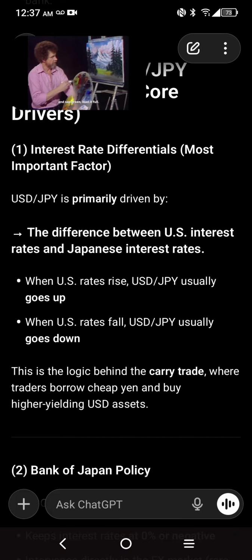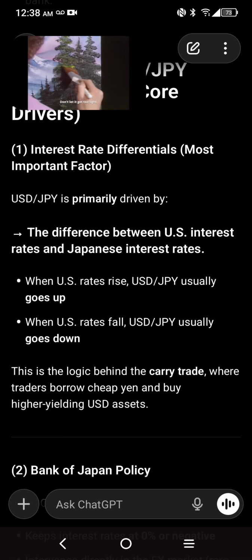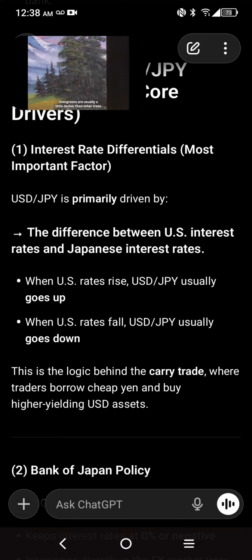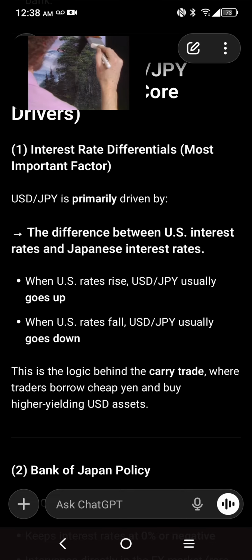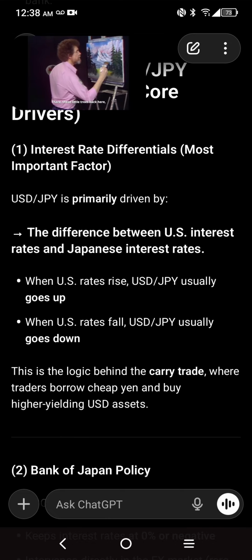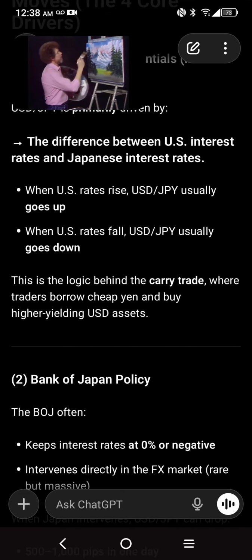This is the logic behind the carry trade, where traders borrow cheap yen and buy higher yielding US dollar assets. Yield is the most powerful word in that small paragraph, in that sentence.